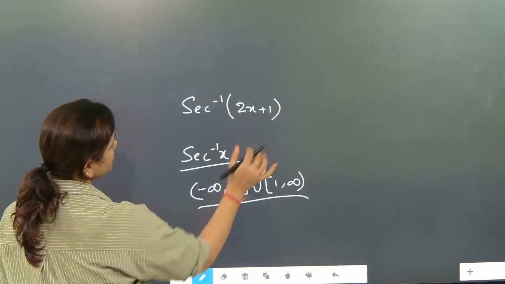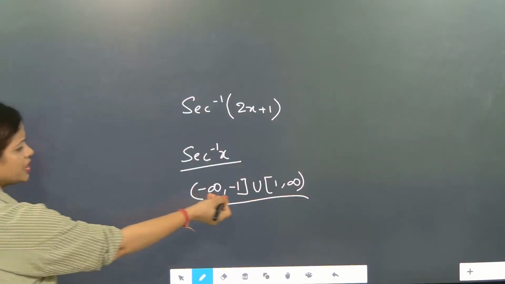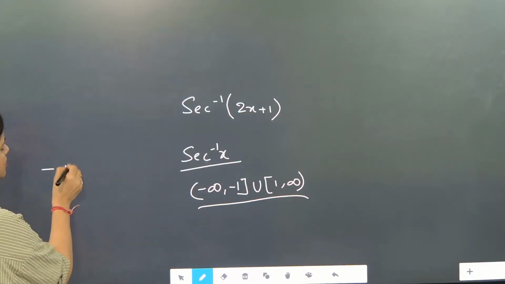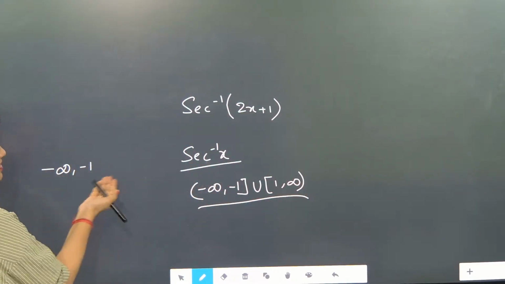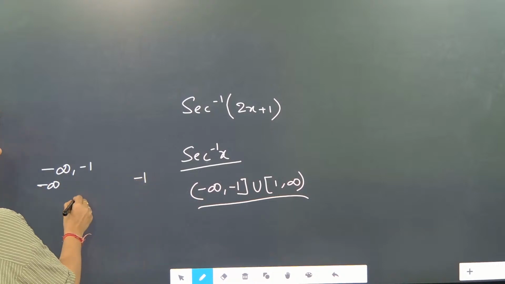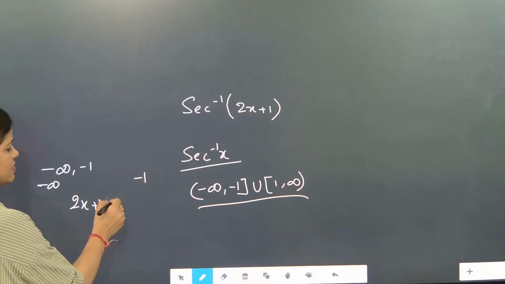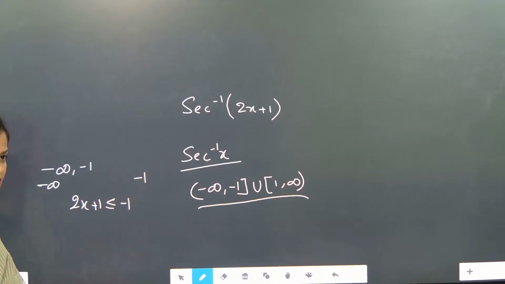So we need to understand that secant inverse, if I am putting into this system minus infinity to minus 1, what is the limit? It is coming from minus infinity to minus 1. So that means 2x plus 1 should be less than or equal to minus 1, correct?